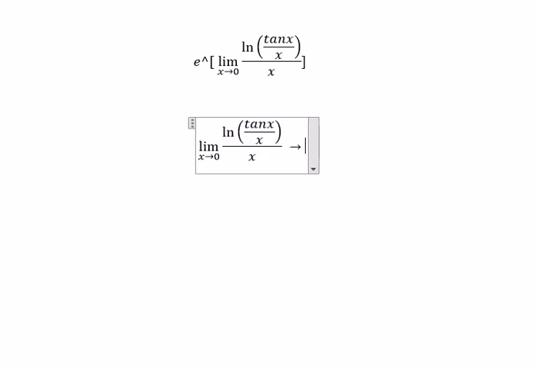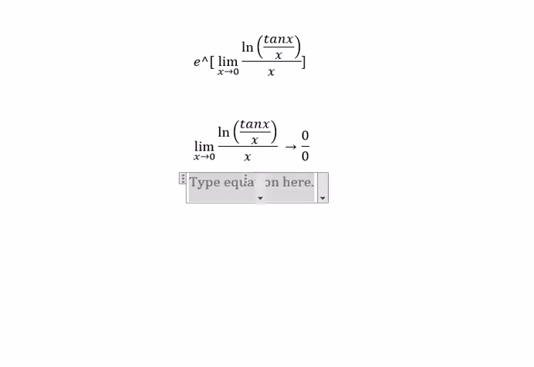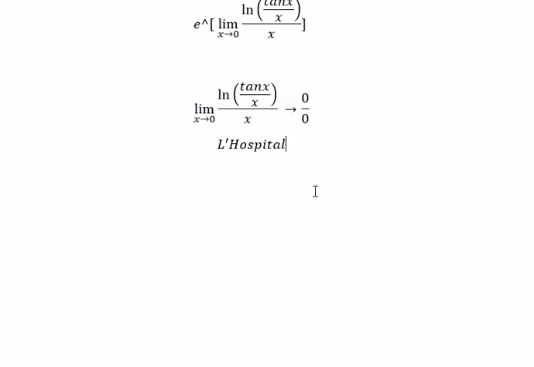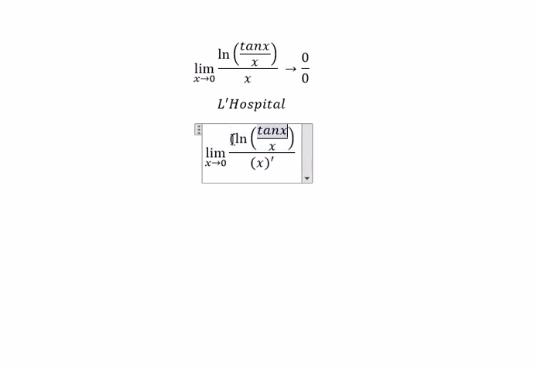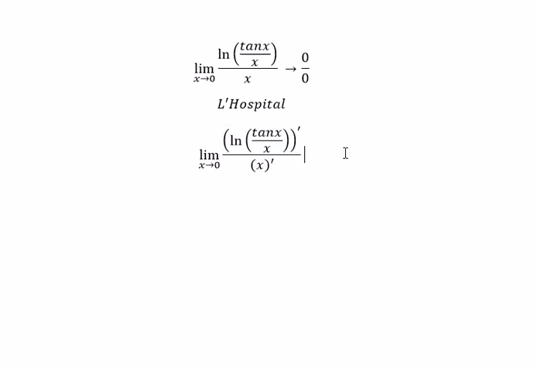In this situation, if we put 0 in here and 0 in here, you will get 0 over 0. We can use L'Hôpital's rule in here. So we first take the derivative of the numerator and the denominator.